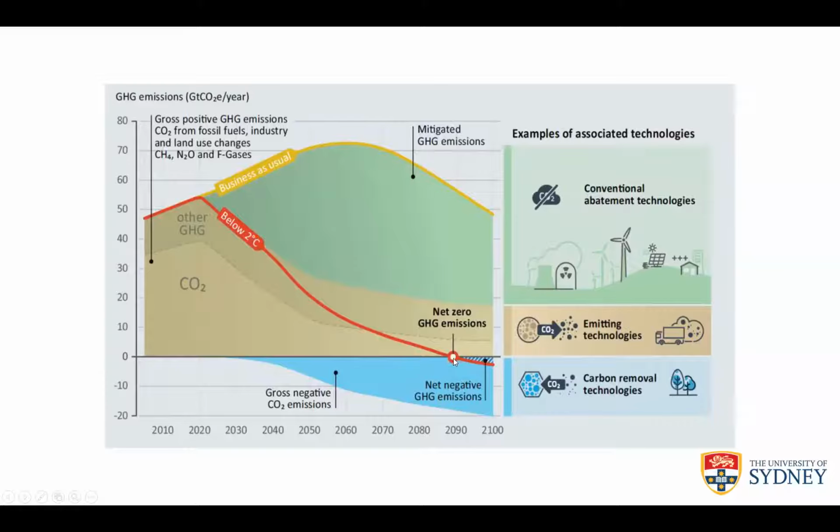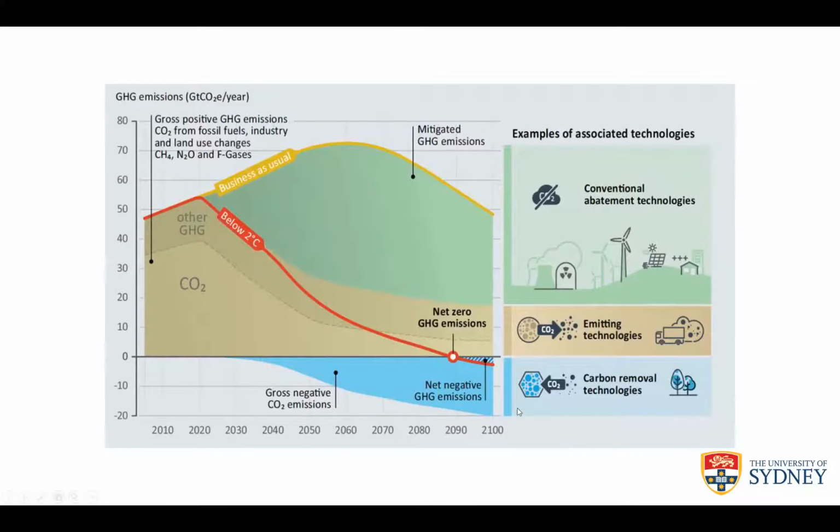And at some point, we should not be emitting CO2, but we should be removing CO2 out of the atmosphere. This is what we call when the flux is negative. When the flux is negative, that means we have removed the CO2 from the atmosphere to put it somewhere else.